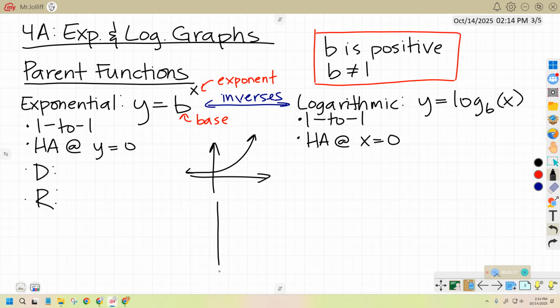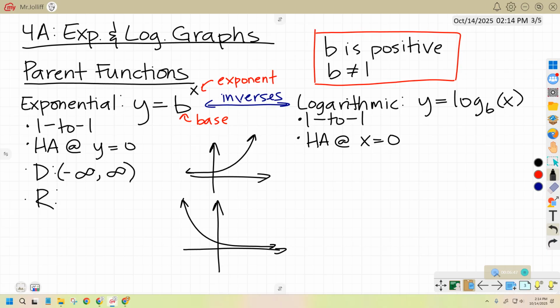I know exponential decay looks like this. In both of those cases, what's my domain? Who sees it? Very good, Ethan, yeah. Negative infinity to positive infinity. Goes in both directions on the left and right side of the graph, arrows on both sides. Good.